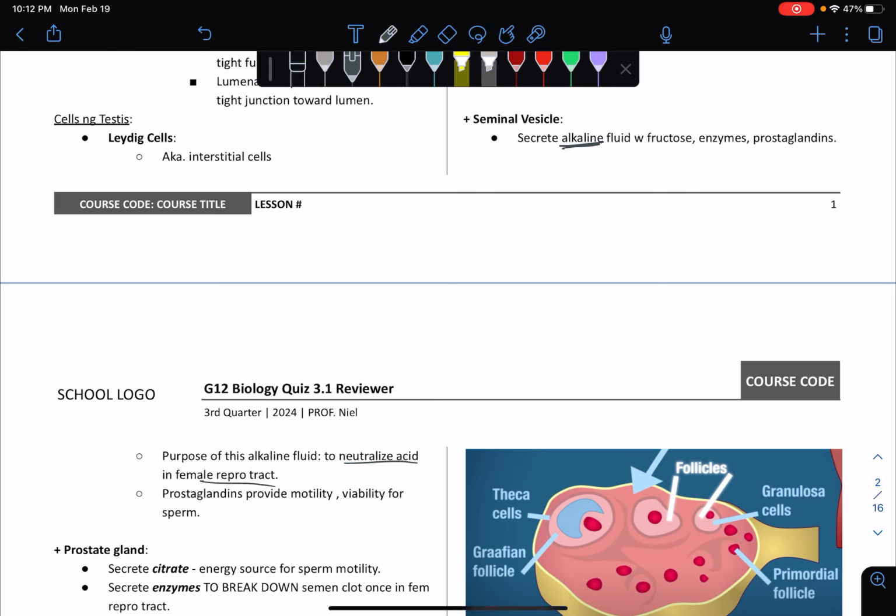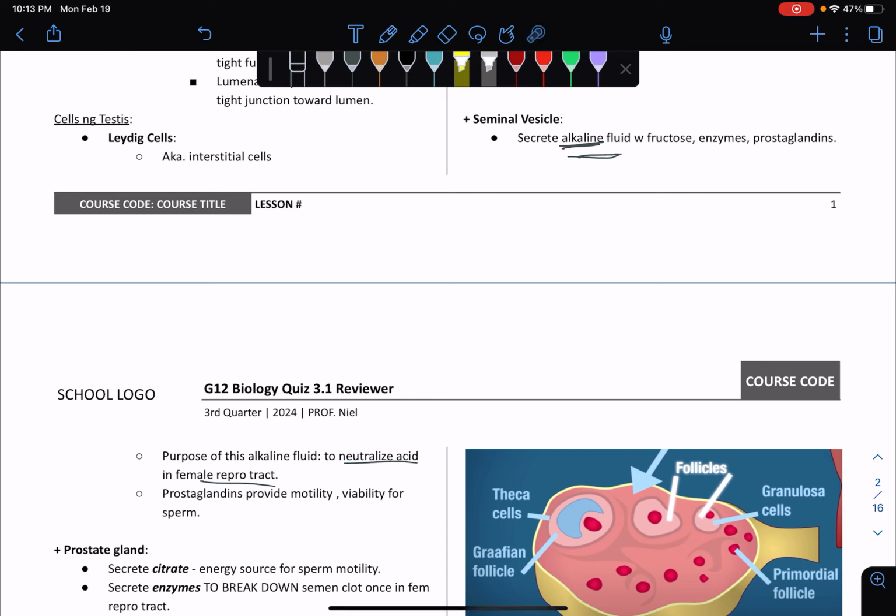It is known that the female reproductive tract is acidic in nature, and provided that the sperm enters the female reproductive tract, it is the fluid that is able to protect the sperm from being killed by the acidic environment of the female reproductive tract. That's the purpose of this alkaline fluid.